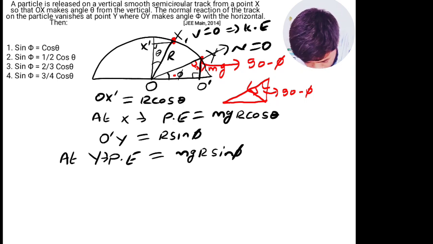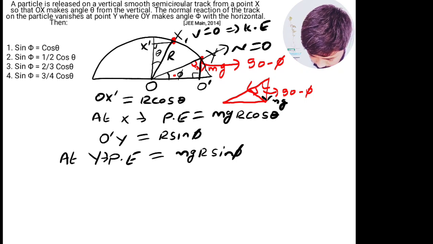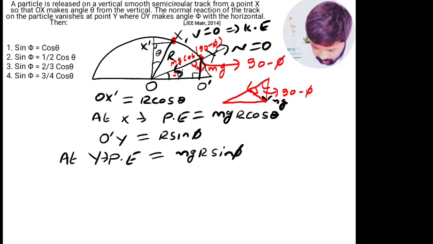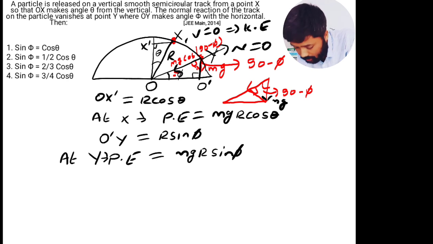The radial component of mg will be mg cos(90 minus phi), towards the center of this semicircular track.